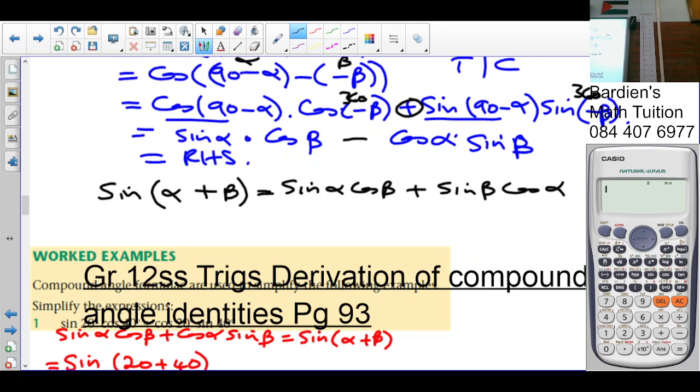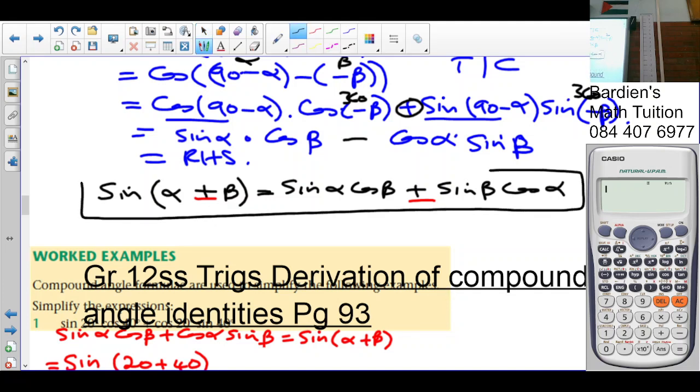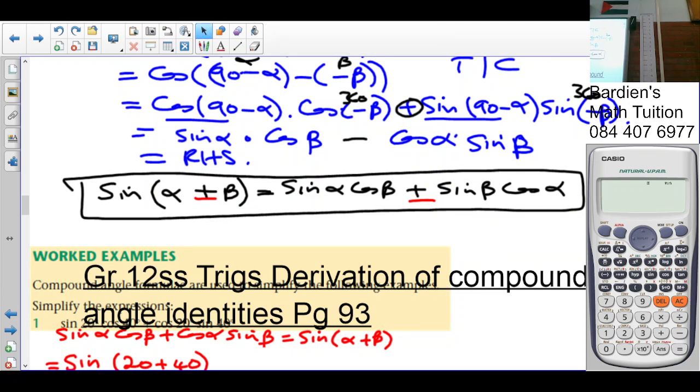Okay? And if this is minus, sine of alpha minus beta can be written as sine alpha cos beta minus cos alpha sine beta. So there's another formula that you will add to your identities. Okay? And normally this question comes in for 3 or 4 marks.